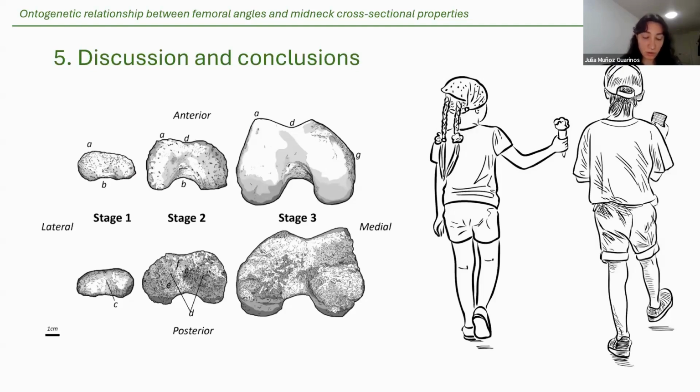Thus, although the neck shaft angle and the cross-sectional properties appear to respond to different stimuli, the bicondylar angle and the cross-sectional properties seem to be interrelated, at least during ontogeny. This may be a consequence of the patellar expansion and the enlargement of the medial condyle of the distal epiphysis that occurs during adolescence.